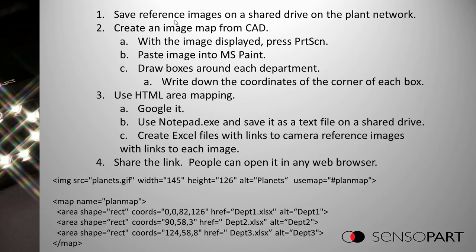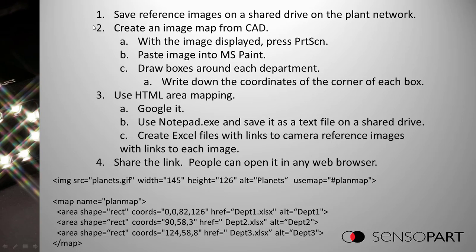Write down the corners of each box to code that in your HTML. And then save that text file with an extension .html in the same location as you have all your shared images. And then the key here is to share the link and show people how easy it is.